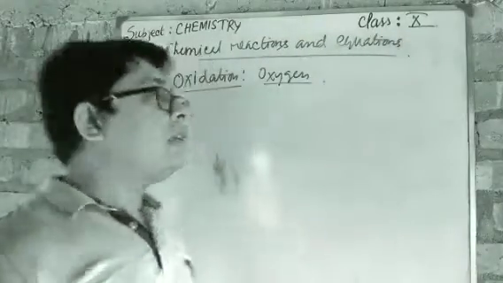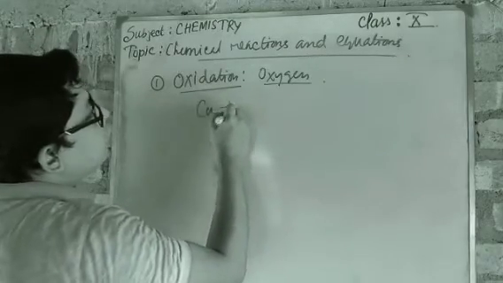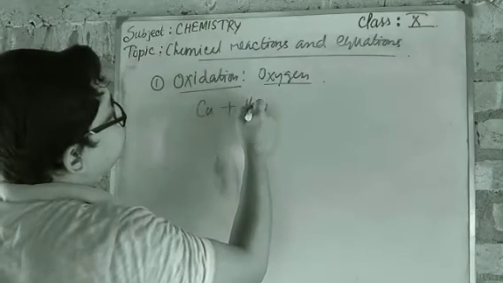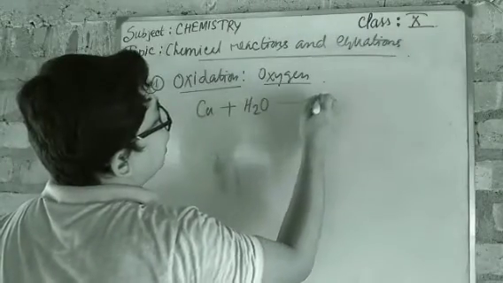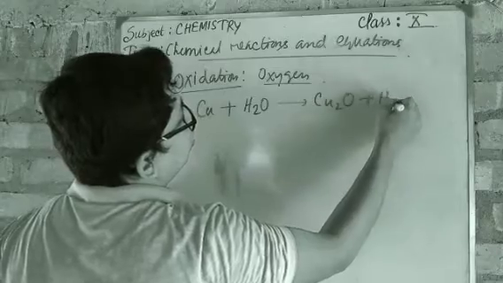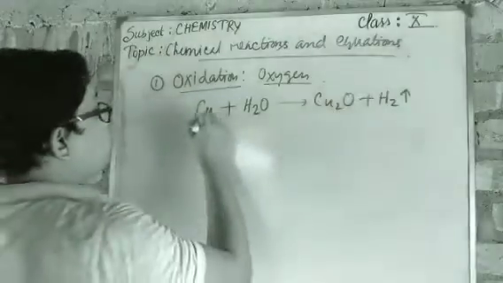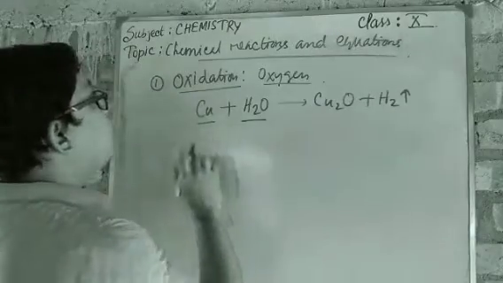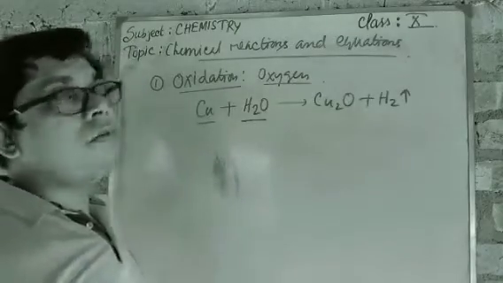So if we take any metal or any reactant, suppose Cu, and add H2O with it, then it will make Cu2O plus H2 gas. If you observe, I have taken two reactants here, one is copper and the other is water. One molecule of copper, one molecule of water.